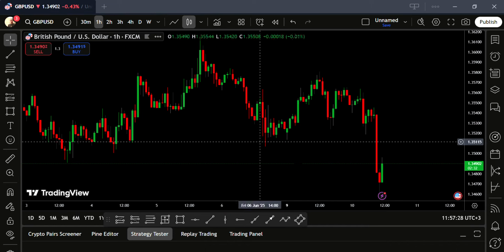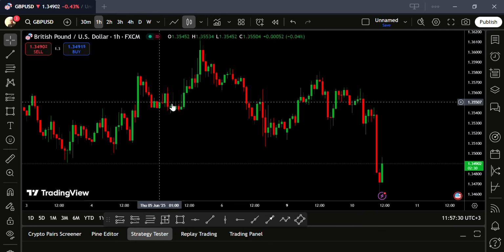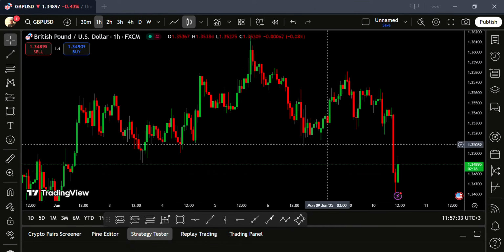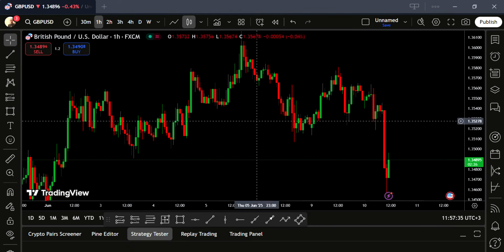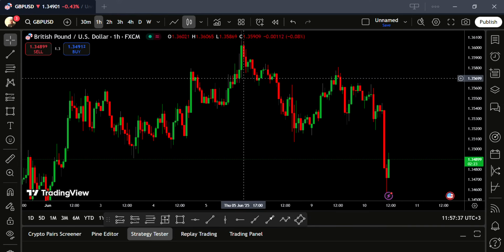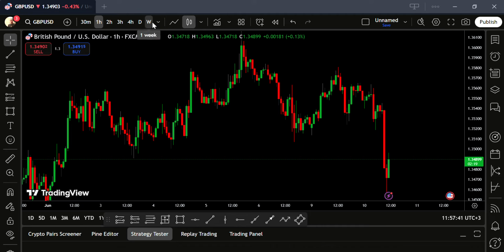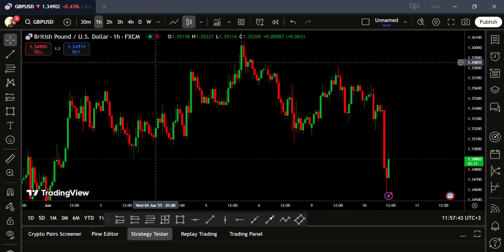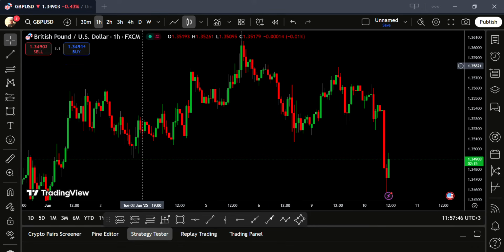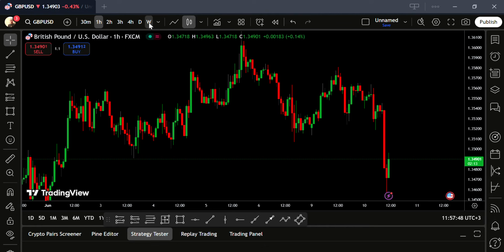Now on the charts we have GBPUSD, one of the major pairs, and this is the 1 hour time frame. So we are going to use our normal time frames for swing trading, but I'll show you an example of day trading also.